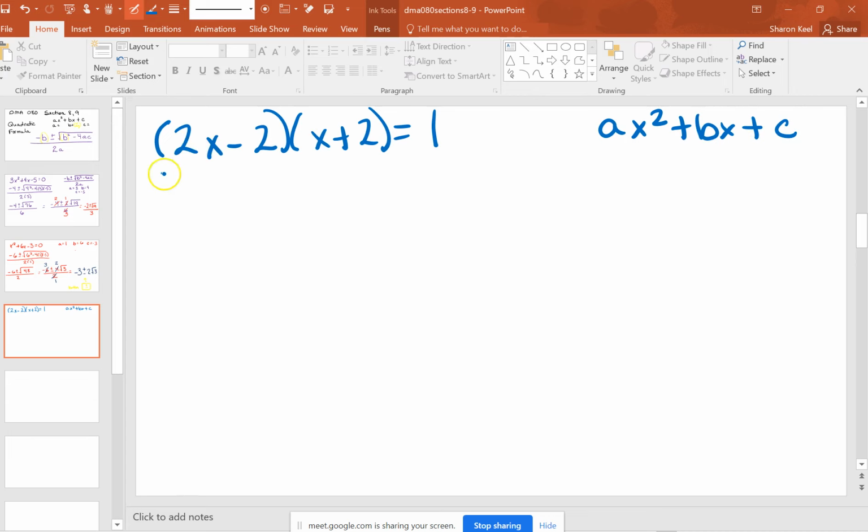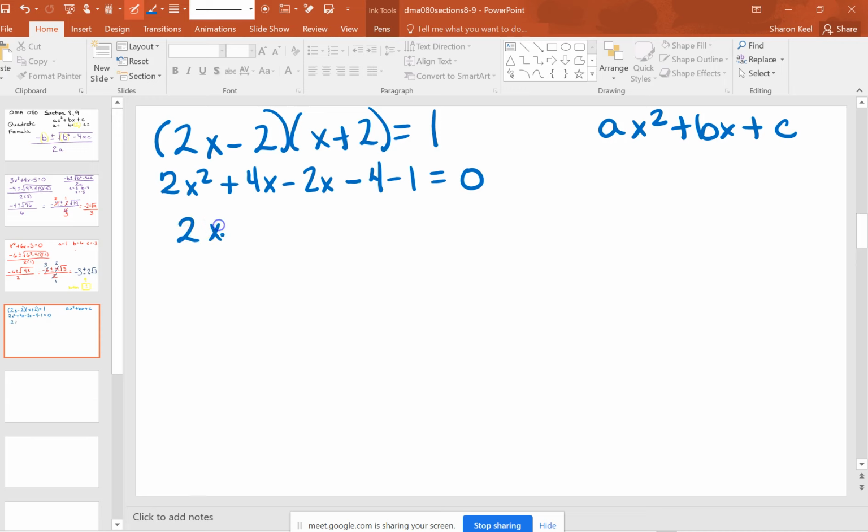So 2x times x is 2x squared. 2x times 2 is plus 4x. Negative 2x times x is minus 2x. Negative and positive is negative 4. And then this 1 on the other side, I would subtract 1 and set equal to 0. So I would take the 1 and move it over.